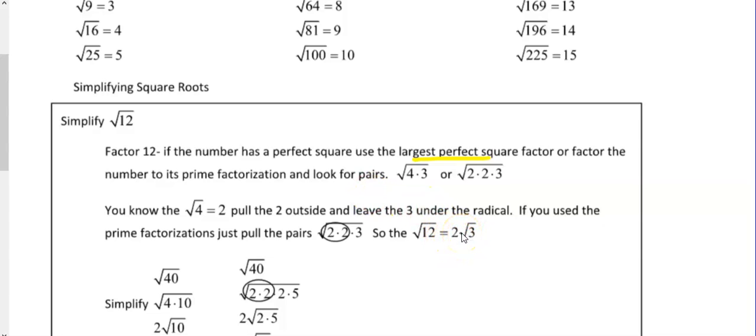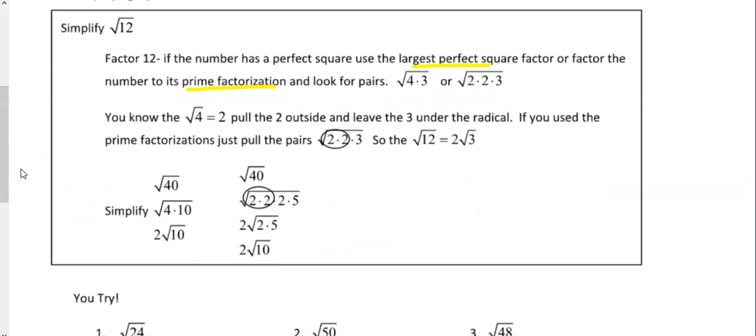However, if you break numbers down into their prime factorization and pull your pairs out, you can also simplify them. Another example we have here is the square root of 40. Again, 4 being that largest perfect square, pull out the 2, we're left with the square root of 10.